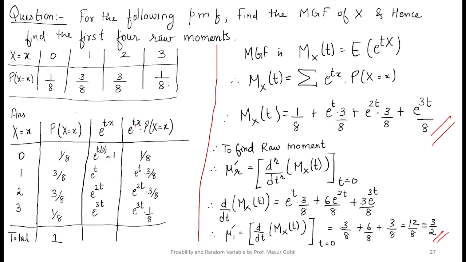You need not do too much simplification, because the coefficients are important over here. The moment you put t equal to 0, the e to the power t terms are all going to become 1.